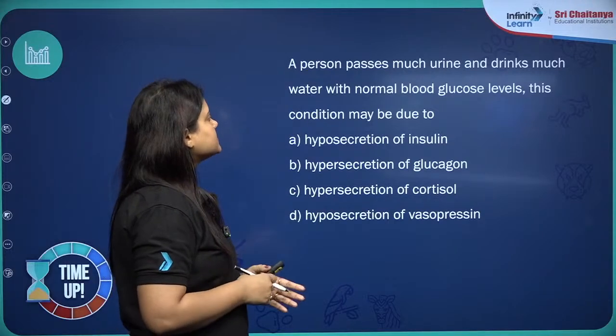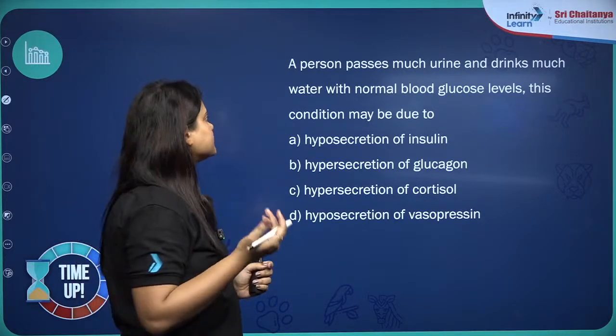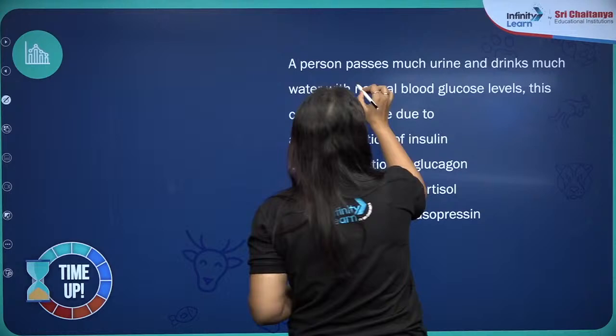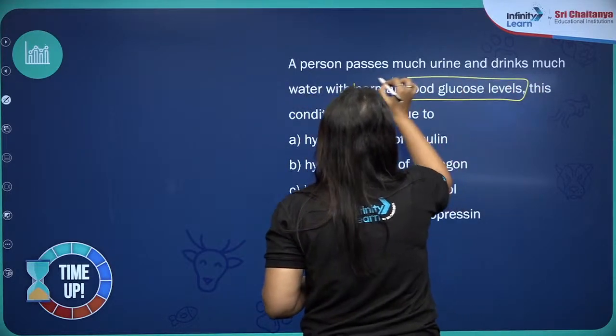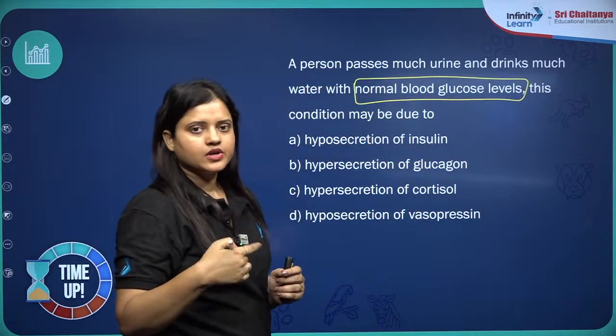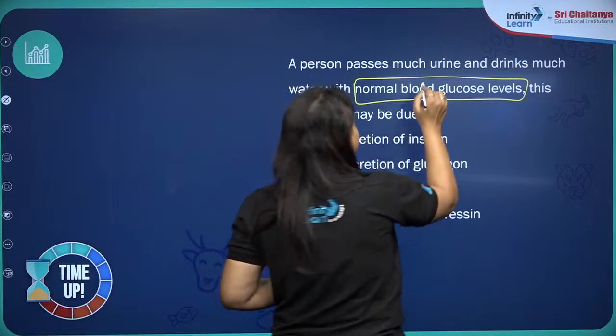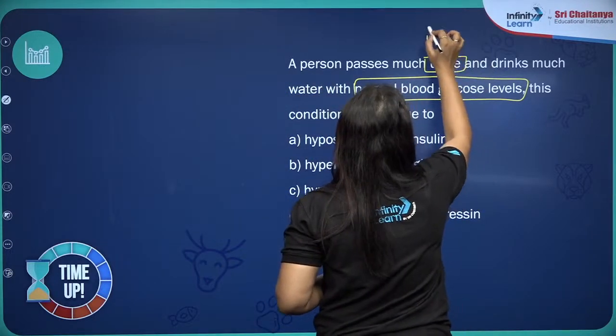A person passes much urine and drinks much water with normal blood glucose level. This is the key word here. When a person is urinating a lot, it is termed as polyuria.